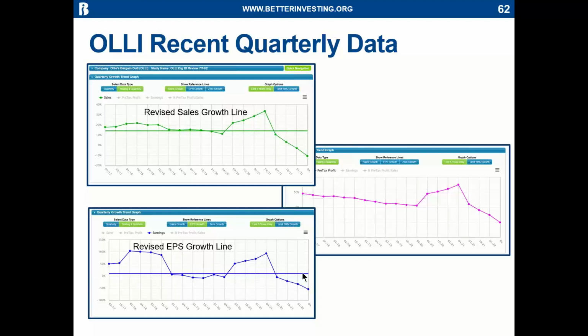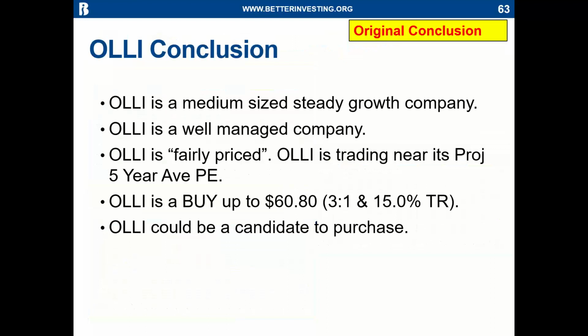Here's my revised earnings estimate. And again, we see 4 quarters that are below that. So even though it's done really well, I'd want to be a little cautious. I think the thesis on it is still good long term, but you may want to be a little careful with this.